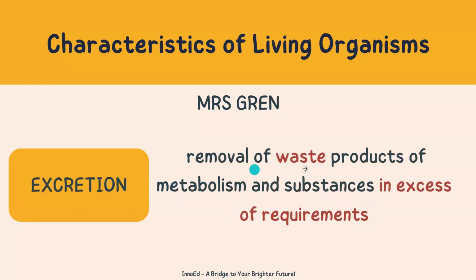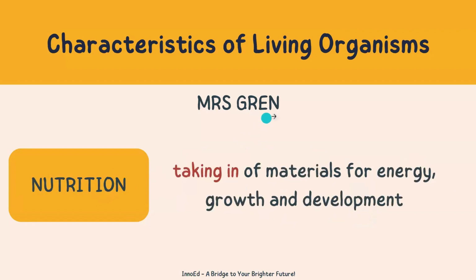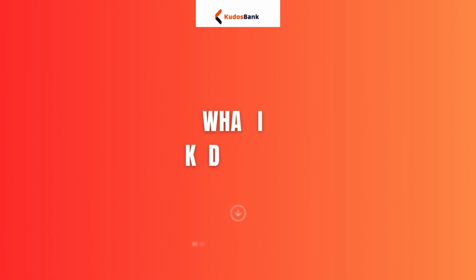Excretion means the removal of waste products of metabolism and substances which are in excess of requirements. Those must be removed out of the body. The last, N, stands for nutrition. Nutrition is about taking in of materials for energy, growth, and development. So I hope you all understand these 7 characteristics of living organisms.